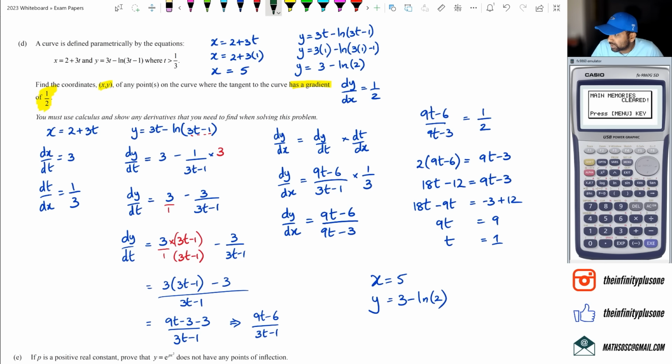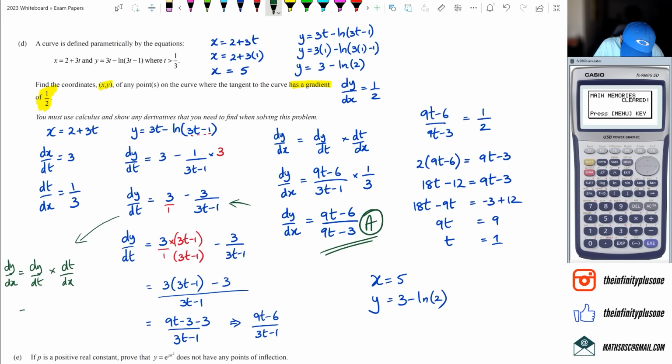Now, grades wise, what do we got? Correct expression for dy dx is going to get you an achieved. And the thing is, guys, if you're stressed about it, you don't need to do the whole divided by 1 and putting together as a single fraction. I'm talking about this point here. You could have gone from there and done dy dx is equal to dy dt times dt over dx.